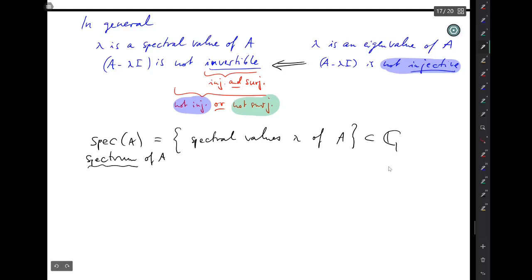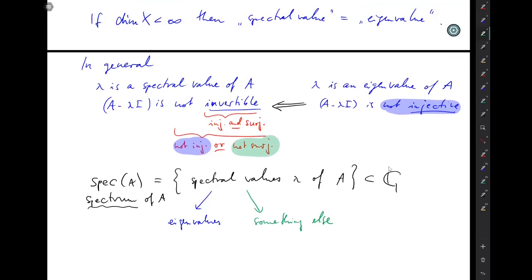So spectral values could either be eigenvalues or they could be something else, depending on whether A minus lambda I is not injective or not surjective. Okay, we saw that for the finite dimensional setting, this green case, the something else case, does not exist as a separate case. It's part of the blue case.